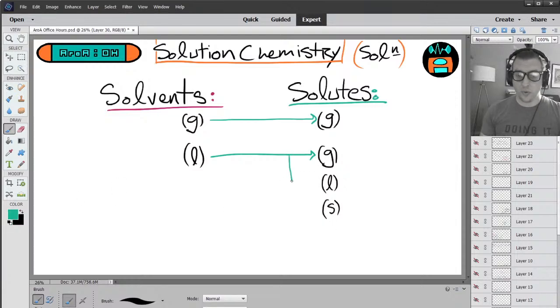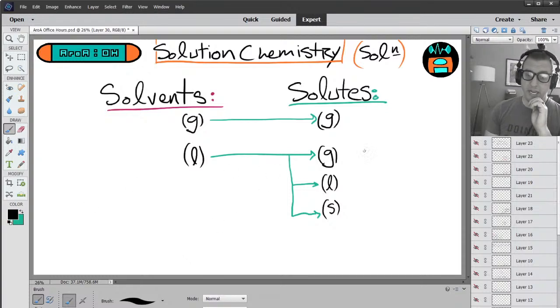So if you are a liquid solvent, you can theoretically dissolve all three. An example of a gaseous solute in a liquid solvent would be carbon dioxide in LaCroix.